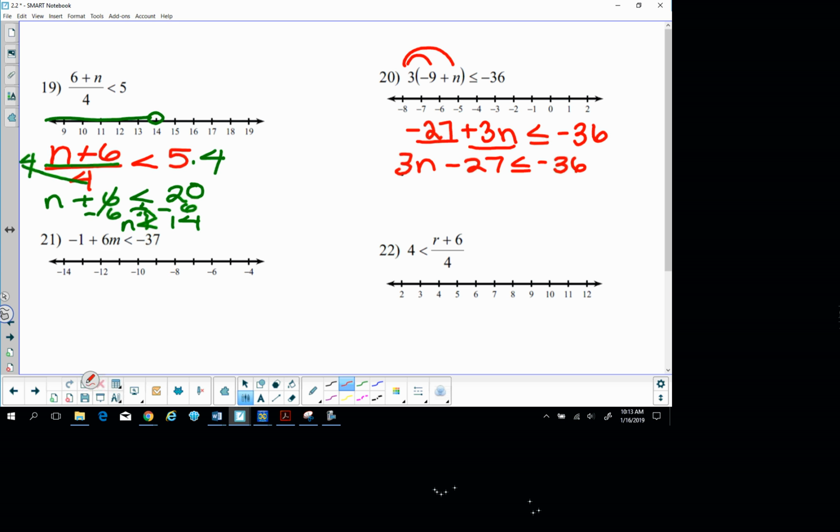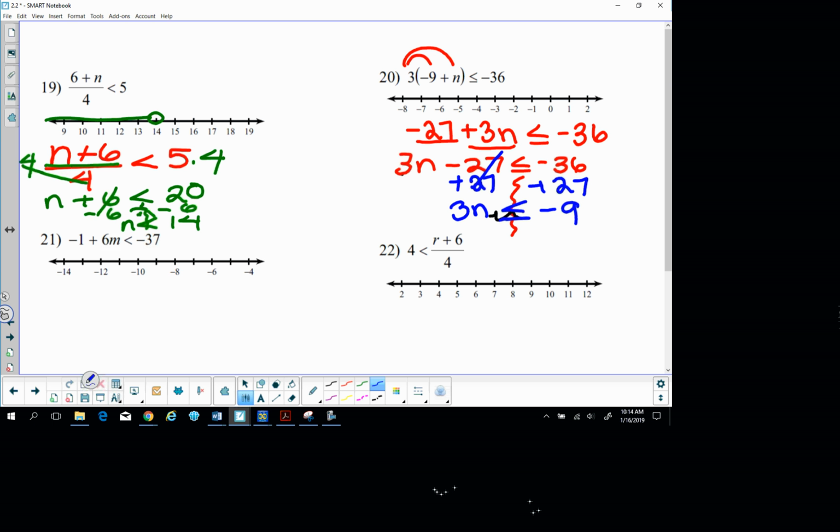Then I draw my river, and this is the same lesson as yesterday. So first, how do I get 27 to the other side? Add it, right? So the opposite of subtracting is adding. When you do that, you bring down 3n, you bring down the sign, and what's -36 plus 27? -9.